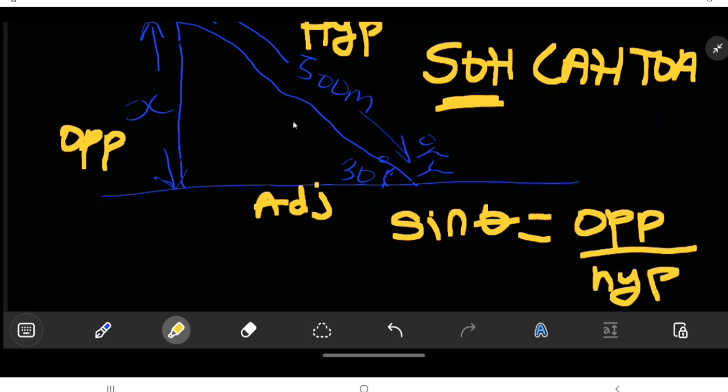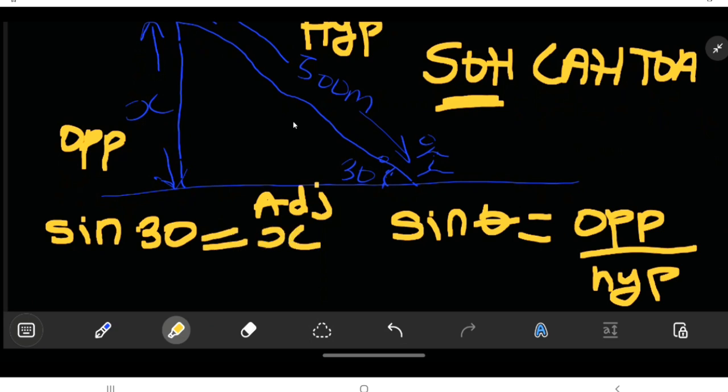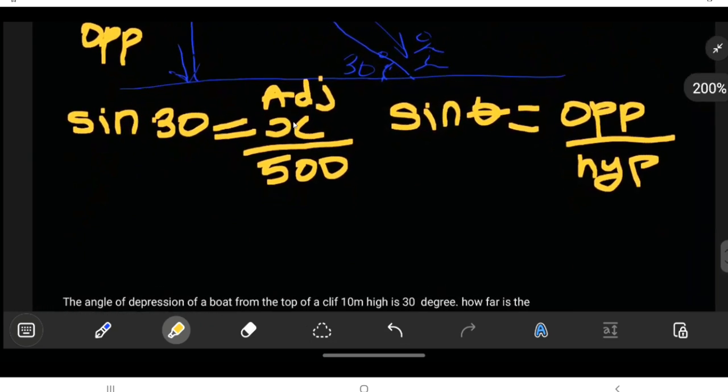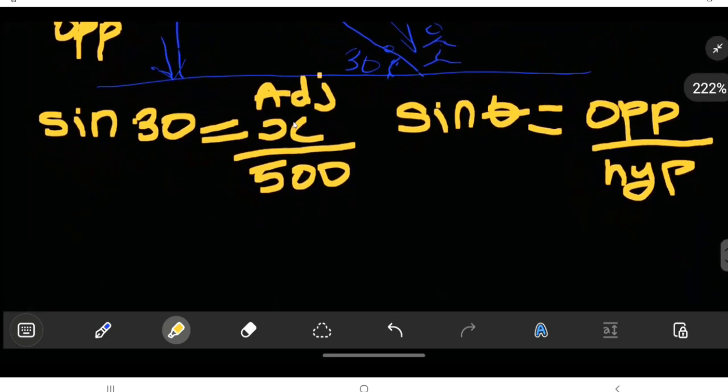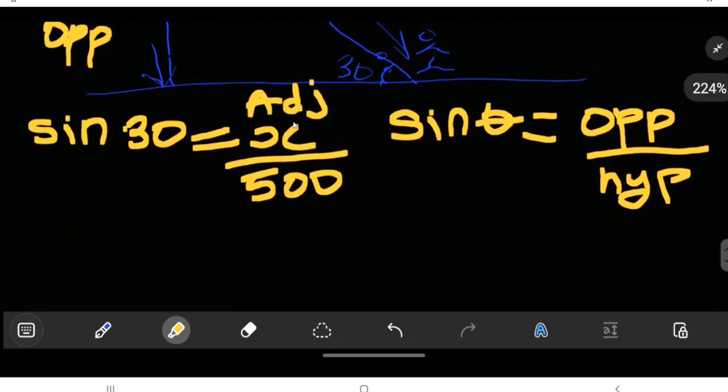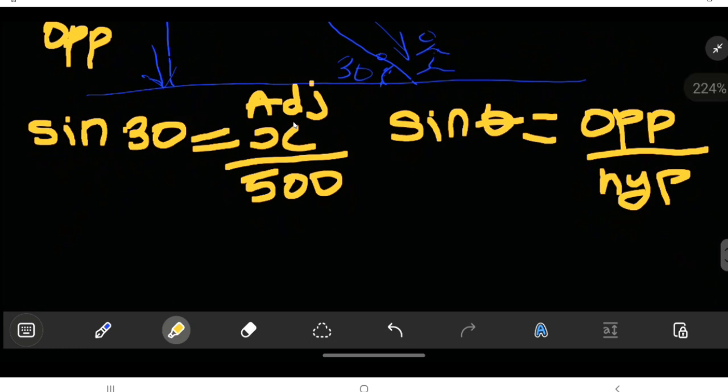So our sine theta is going to be sine 30, which equals the opposite, which is x, over our hypotenuse, which is 500 meters.